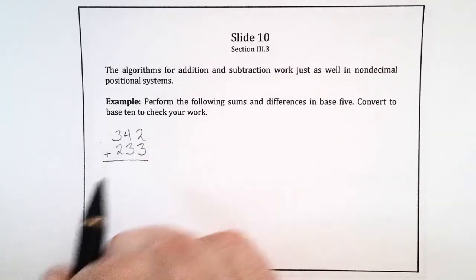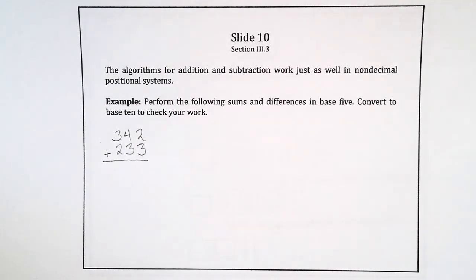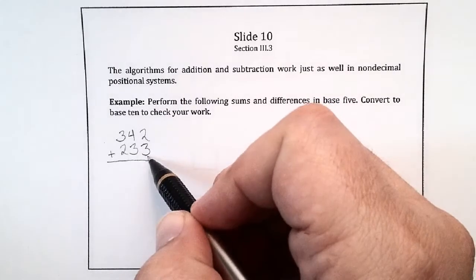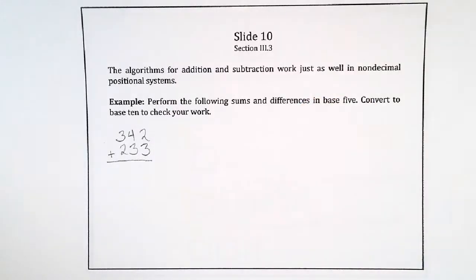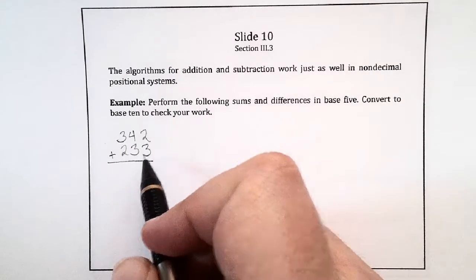So these are supposed to represent base 5 numerals right now. Okay, 2 plus 3 is 10. I'm sorry, 2 plus 3 is 5, of course, but in base 5, we write 5 as 10.